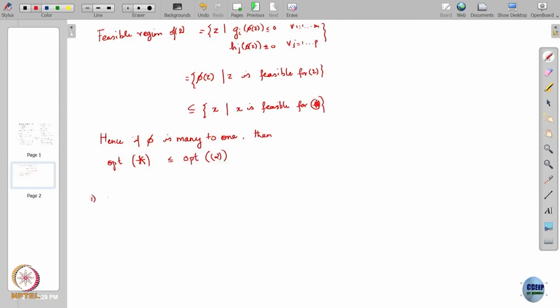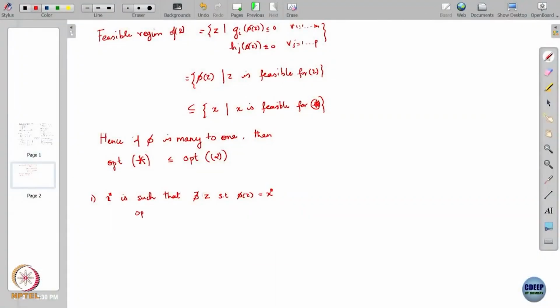So, x star can be such that, first simple case, there does not exist a z, so there is no corresponding z, in which case there is no way you can get back to a solution of 2.